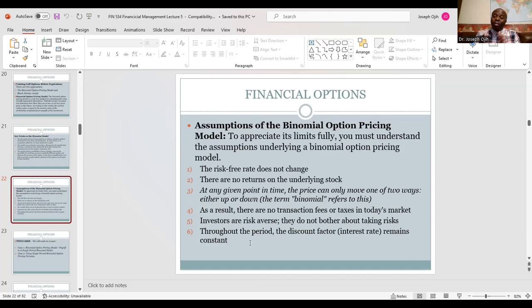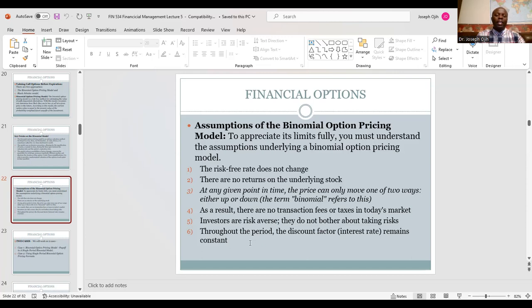The underlying asset is the asset on which the option is written. Things like stocks. You can write options on stocks, on commodities like oil, and you can also write options on currencies. So this model assumes that there are no returns on the underlying stock or asset.